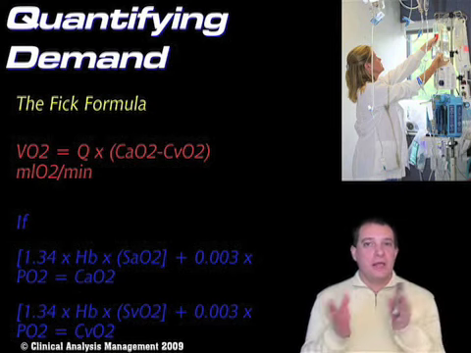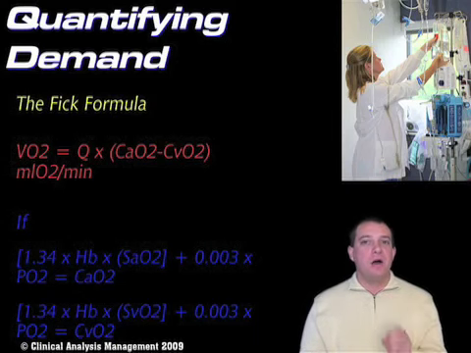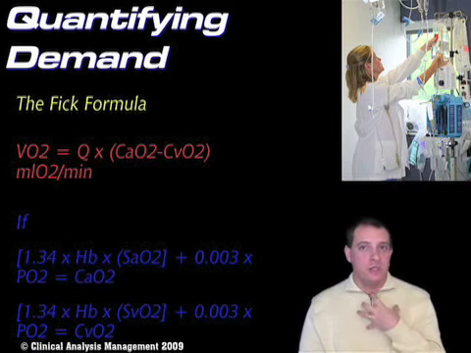Okay, so let's go back and look at this Fick formula again. The Fick formula says the way we figure out VO2, the amount of oxygen that's being uptaken by the cells, how much oxygen the cells are using, is the cardiac output times the CaO2 minus the CvO2.